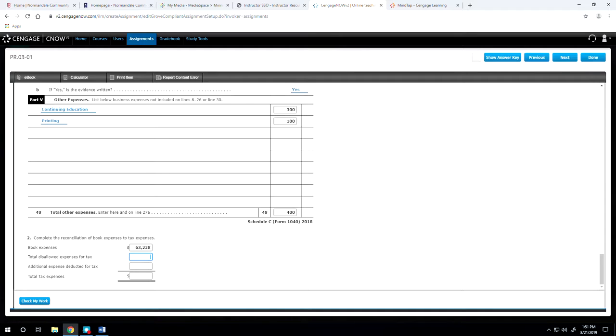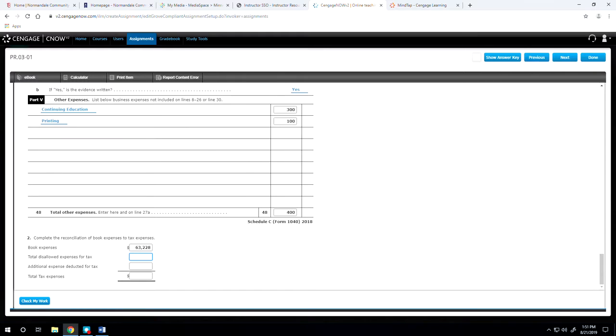And then there's also dues and subscriptions you can see on there for $3,500. They tell us the expense for dues and subscriptions were his country club membership dues for the year. That's not a deductible expense for business purposes. It's not a necessary and ordinary expense of being a CPA. So that's not deductible for tax purposes.